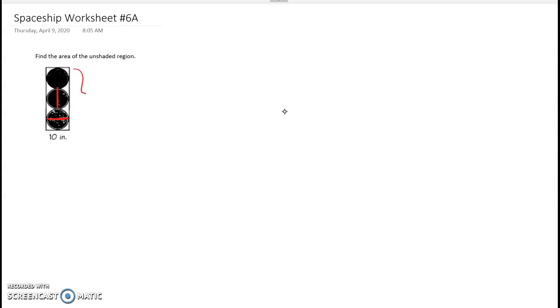So I think that the height of this rectangle is 30 inches because I've got those 3 circles stacked on top of one another.